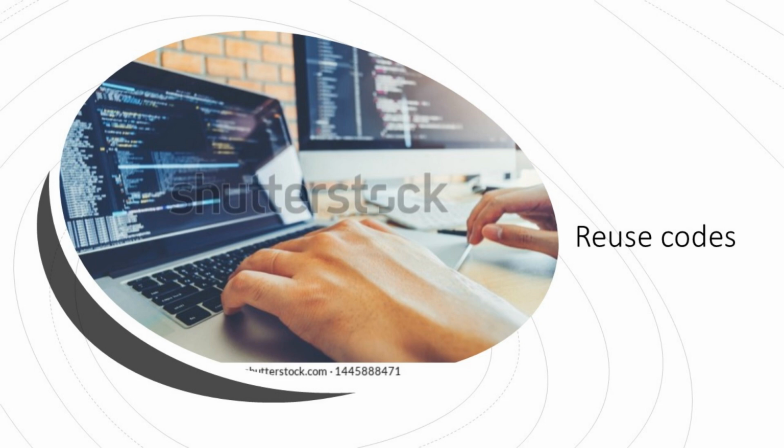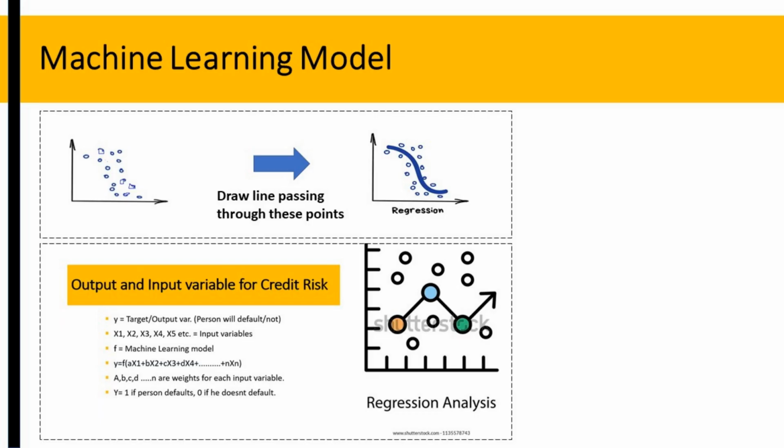Now this can be a little confusing. So we'll go to the next slide. What I'm trying to say is, let's say you can see some dots here, right? A lot of dots. So X axis and Y axis are there. Now, if you pass a line through these points, then that line is called your machine learning model. That is the machine learning model, right? A line which basically gives you the function between Y and X. That is all.